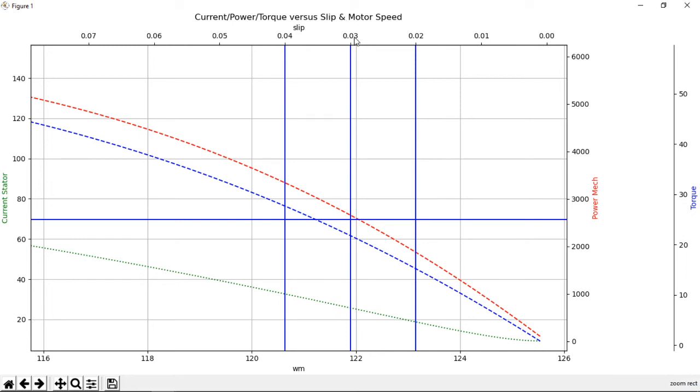Now, let's move this up to a slip of 0.3. In this case, looking at the torque, we see that this is below the maximum torque per phase. And so if we had a load, we could possibly operate at this value. It may not operate that quick.